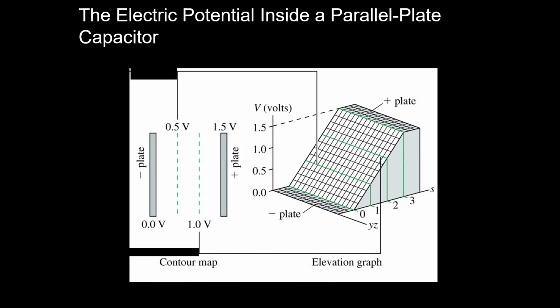The final one is an elevation graph, which gives you a picture of what a positive charge would do. A positive charge is going to go towards the negative, just like a marble is going to roll down the hill. What you have to be aware of, though, is that a negative charge is going to speed up the hill, whereas a positive charge speeds down the hill. So that's the first basic type of potential, the first basic formula for potential based on a specific charge distribution.